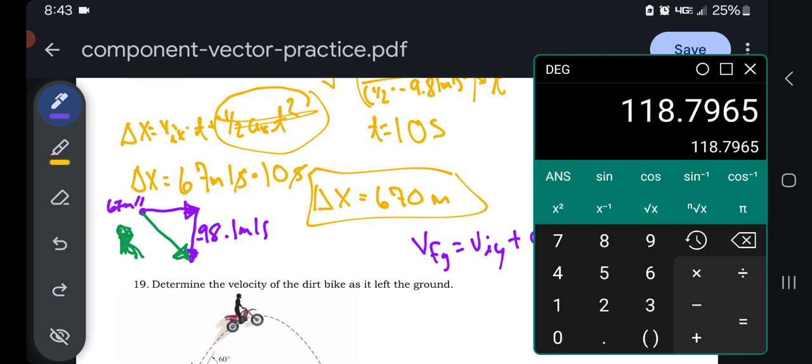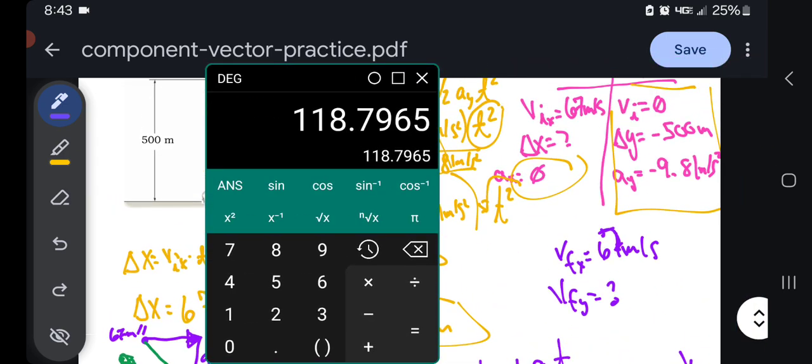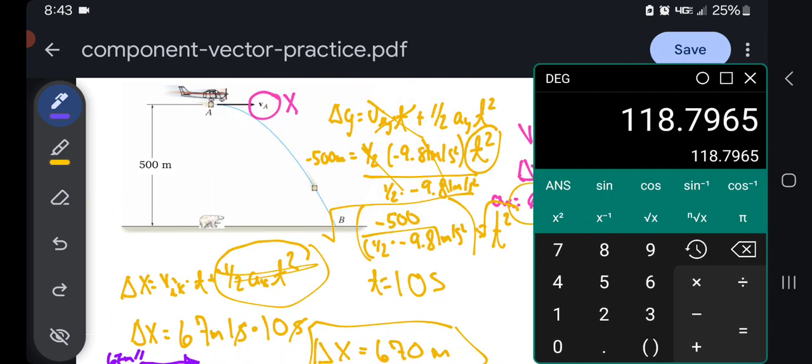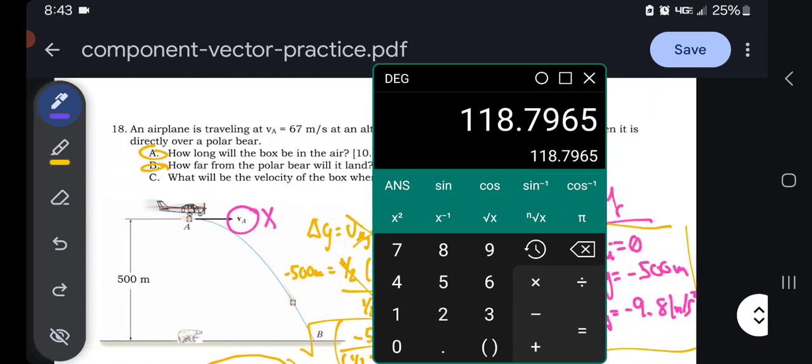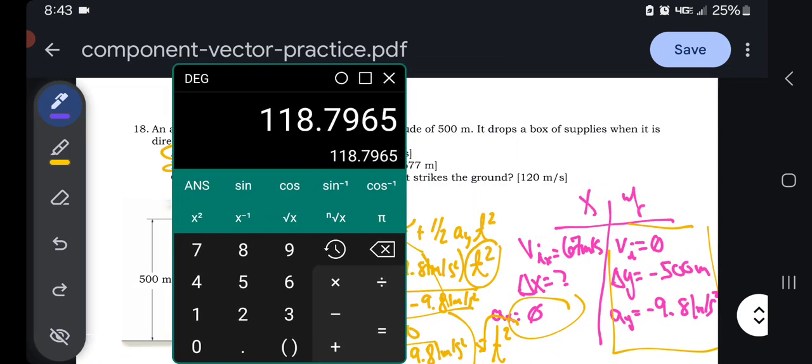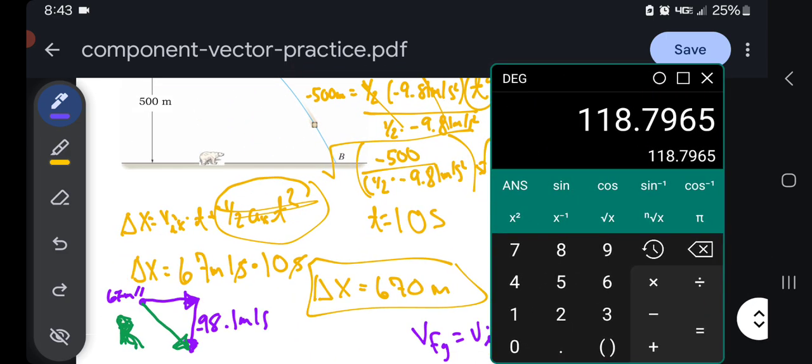Gives me 118. That's one sig fig, ew. Technically, they only gave us one sig fig for this problem, so I'm curious what they put in their answer key. 120. They did 2 sig figs. Well, I like 2 sig figs better.